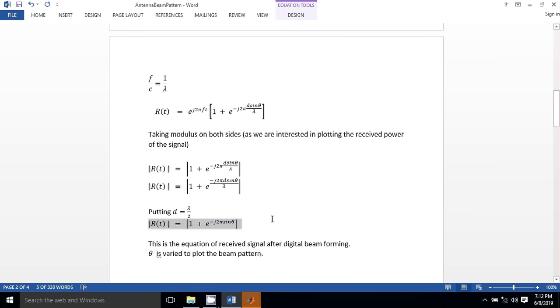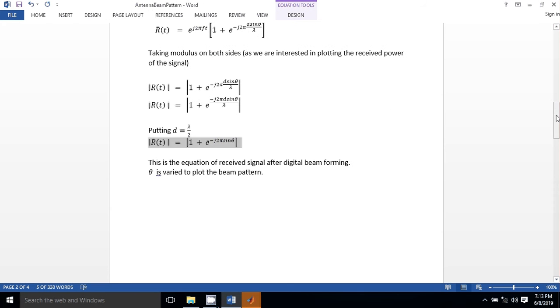Manually, if you take pen and paper, we can put different values of theta and find the value of the received signal. You can put any values of theta, for example 0 degrees, 90 degrees, 180 degrees, minus 90 degrees, or minus 180 degrees. We will get different values and we can plot theta versus the magnitude of the received signal.